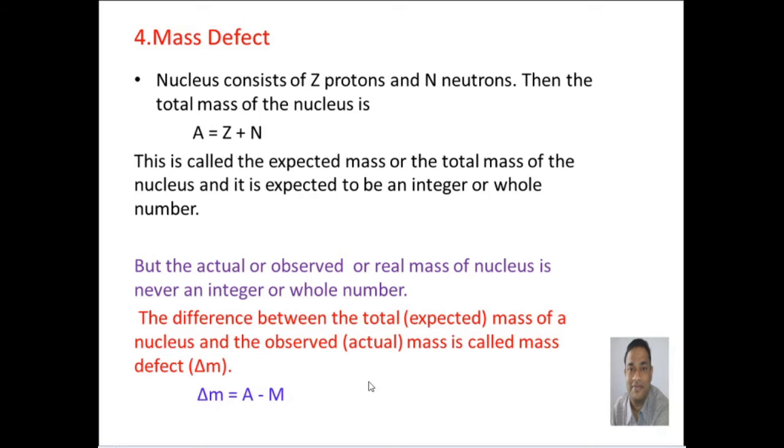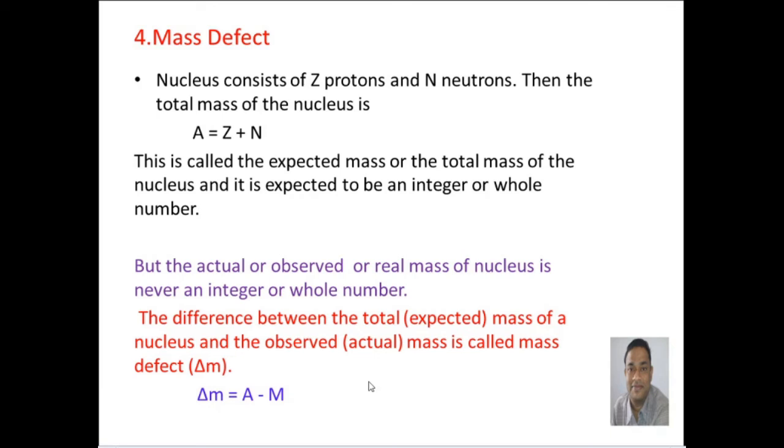Mass defect, a very important concept in nuclear physics. What is mass defect? A nucleus consists of Z number of protons and N number of neutrons. And initially I have told that they are of nearly the same mass, and the total mass of the nucleus is the sum of the mass of all the Z protons and the mass of all the N neutrons.